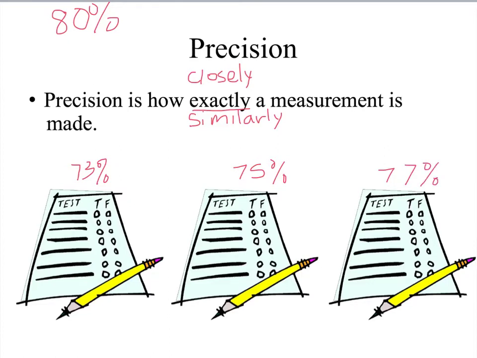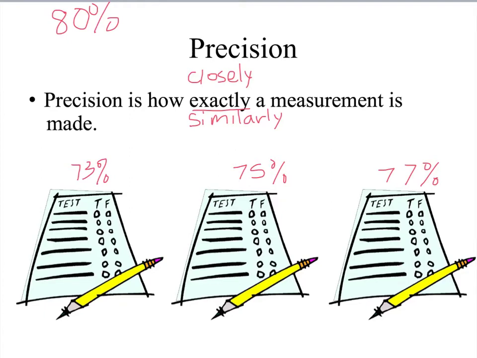They have a very small range. They're all within 2 points of each other, right? These are within 2 and these are within 2. So they're all very closely related. They're similar. So in this case, even though you didn't reach your goal of 80%, you do have similar scores across the board here. So you have a very precise ability to take these tests.